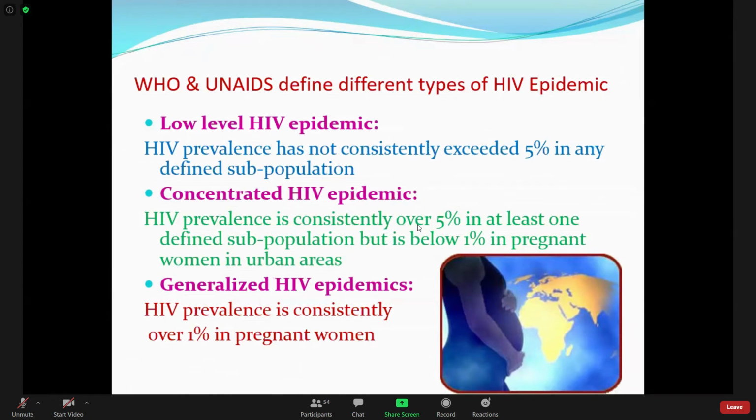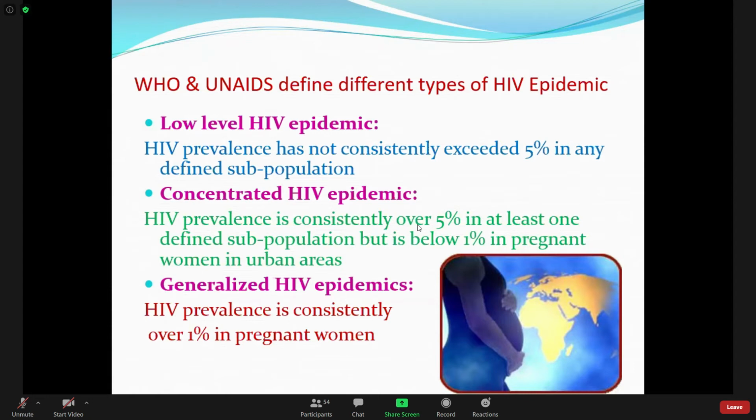Next is generalized HIV epidemic. Previously, low-level HIV epidemic is where the HIV prevalence is not more than 5% in any sub-defined population. In generalized HIV epidemic, HIV prevalence is consistently over 1% in pregnant women. If the prevalence of HIV is consistently over 1% in pregnant women, that is called generalized HIV epidemic.